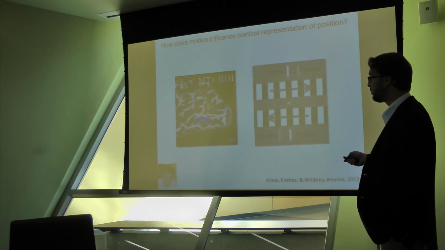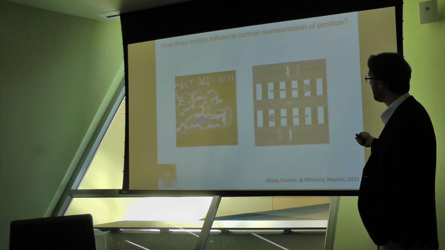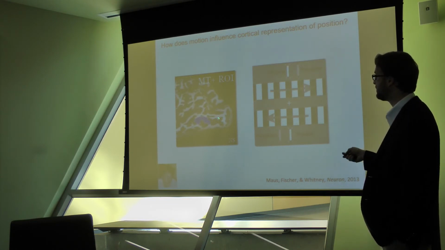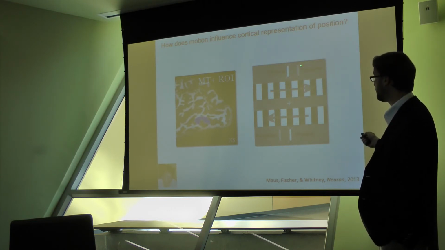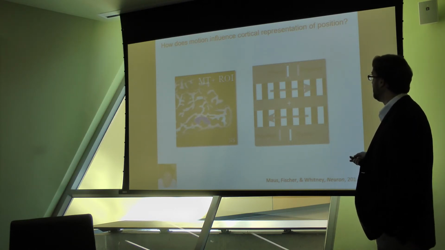So not only does MT represent static object positions, but it does so in a motion-dependent way, such that an object that's represented in MT has a shifted representation if there's background motion. And this is the direction that you'd expect if the visual system, specifically area MT, is trying to make a prediction about where that flashed object ought to be in the world.